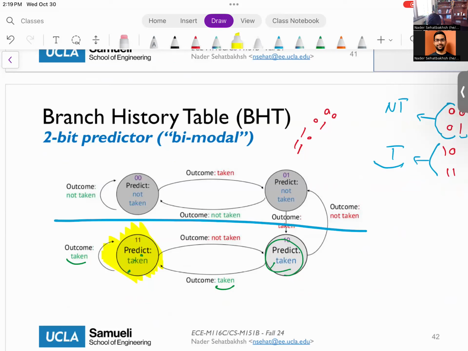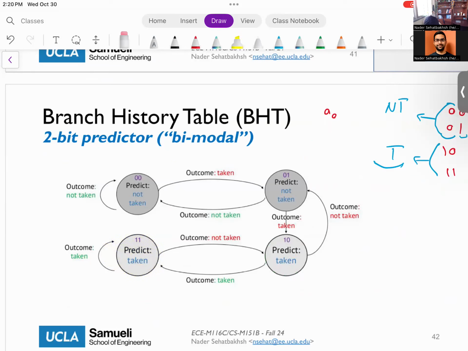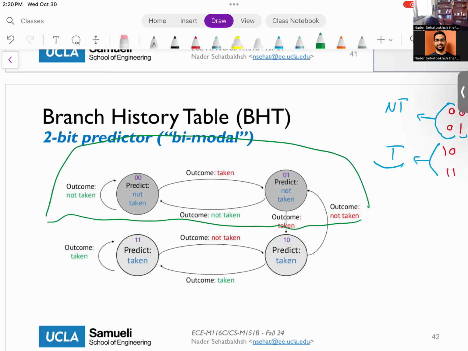As I'm showing you in this picture, we have these two states on top. We call them 0,0 and 0,1. These are just the numbers that we assign to them. These are what we call not taken states. So if we are in either 0,0 or 0,1, our prediction is going to be not taken.